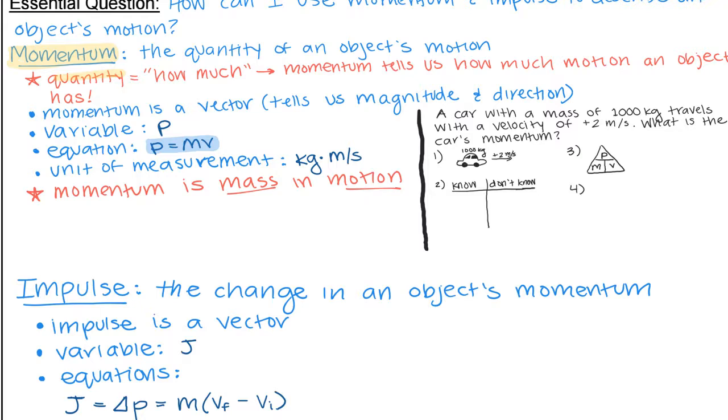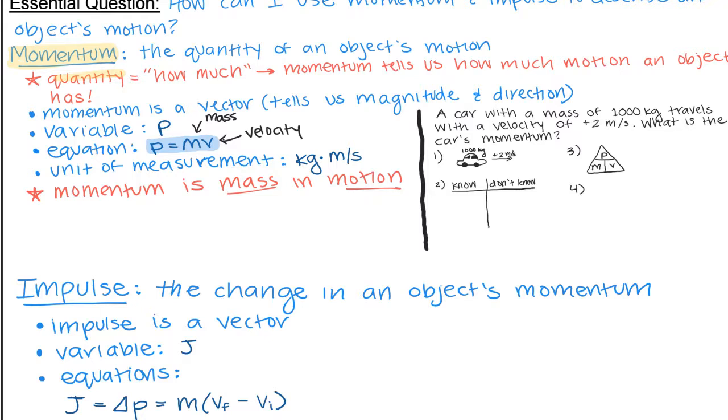This is another nice 3-variable equation. Just so we are clear, remember, p is momentum, m is going to be the mass of the object, and v, lowercase v, remember, stands for the velocity of the object.